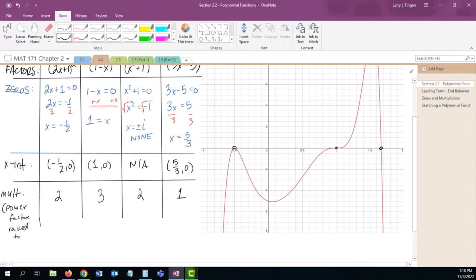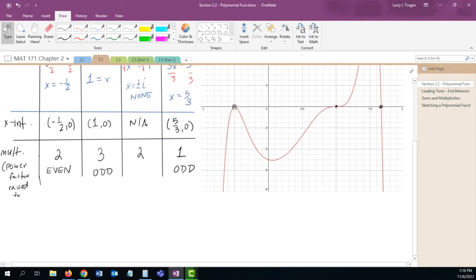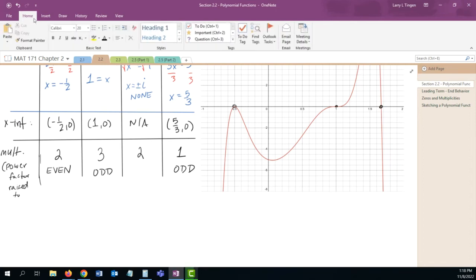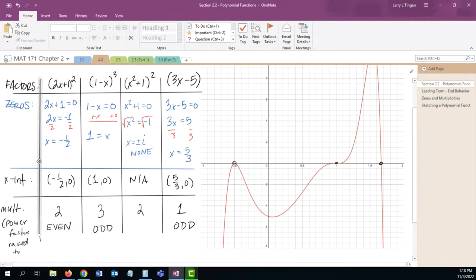Even and odd, exactly. My first zero is even. The next one is odd. I'm going to ignore the imaginary one for a second. And then this last one is odd. That determines the behavior when it comes to zeros.